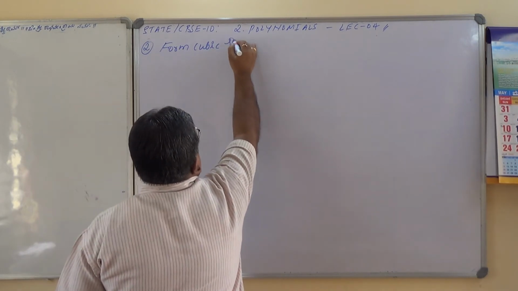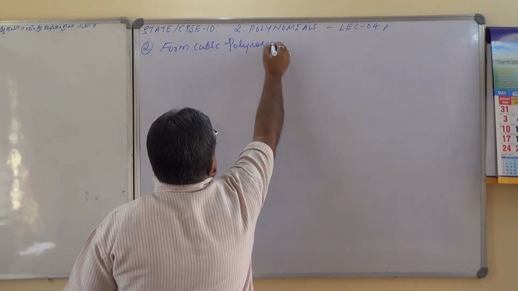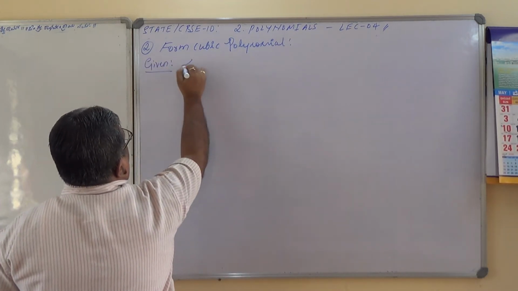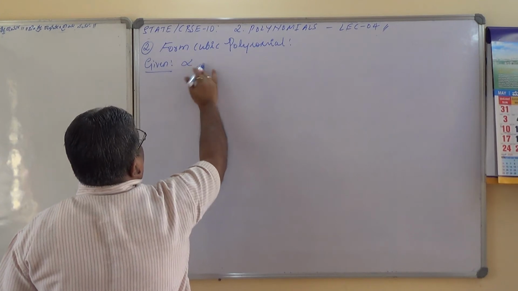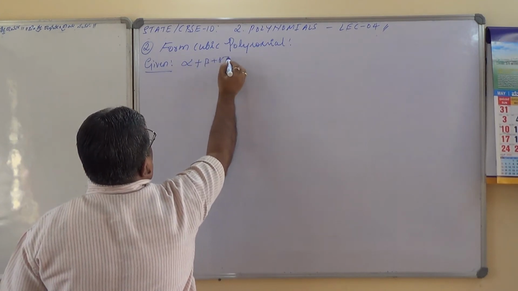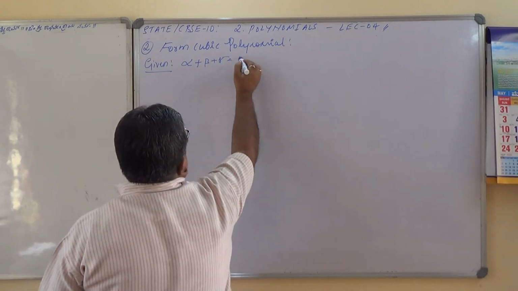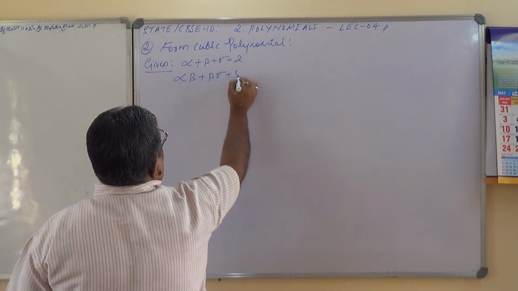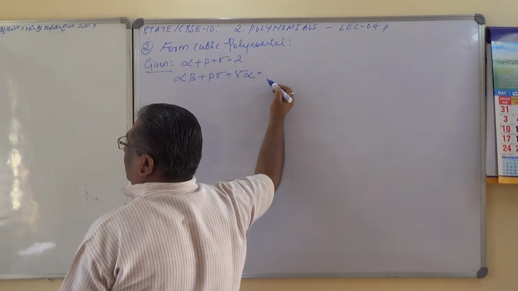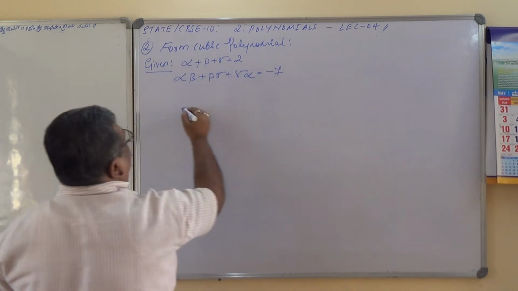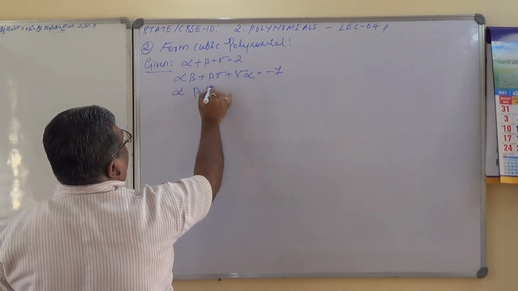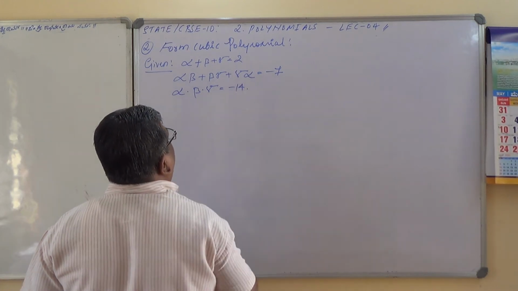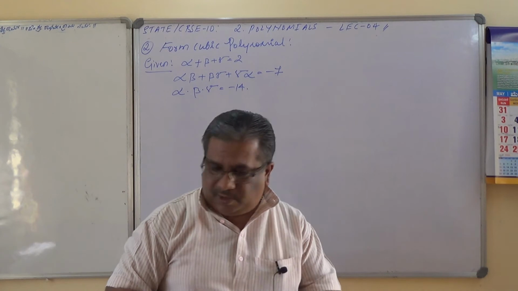Given alpha plus beta plus gamma equals 2, alpha beta plus beta gamma plus gamma alpha equals minus 7, and alpha into beta into gamma equals minus 14. We have to form the cubic polynomial.